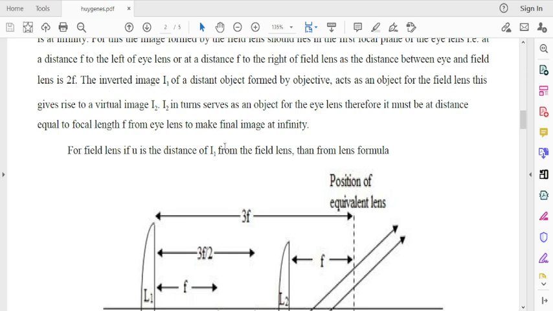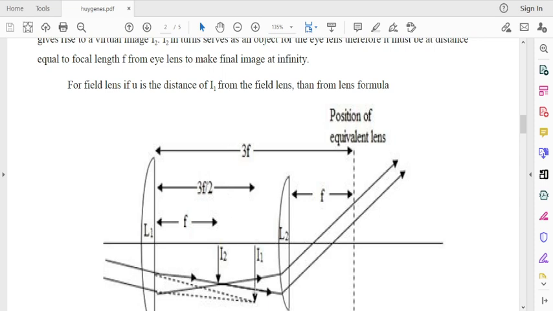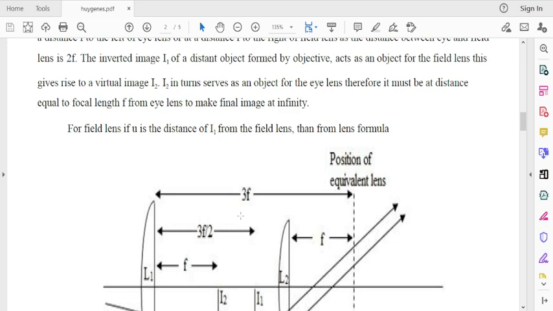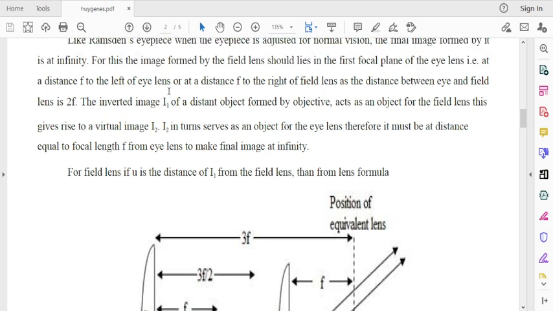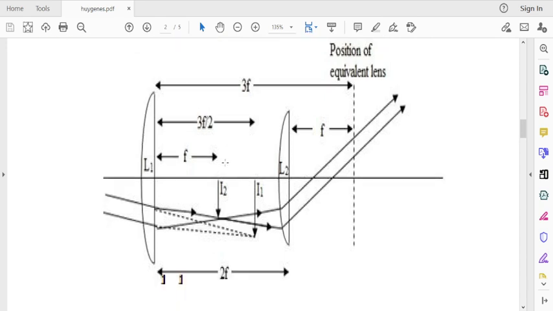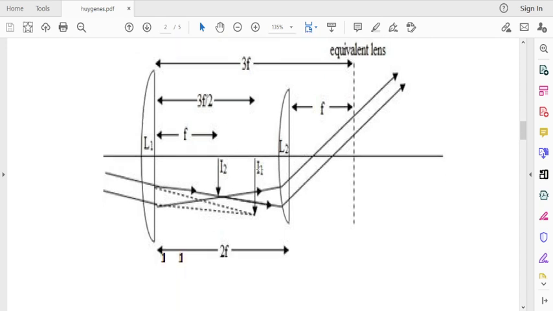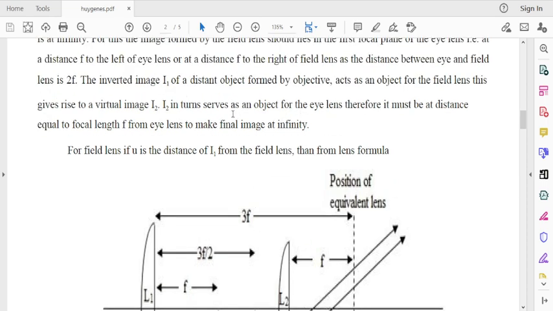The inverted image I1 of a distant object, formed by the objective, acts as an object for the field lens, and this gives rise to a virtual image I2.